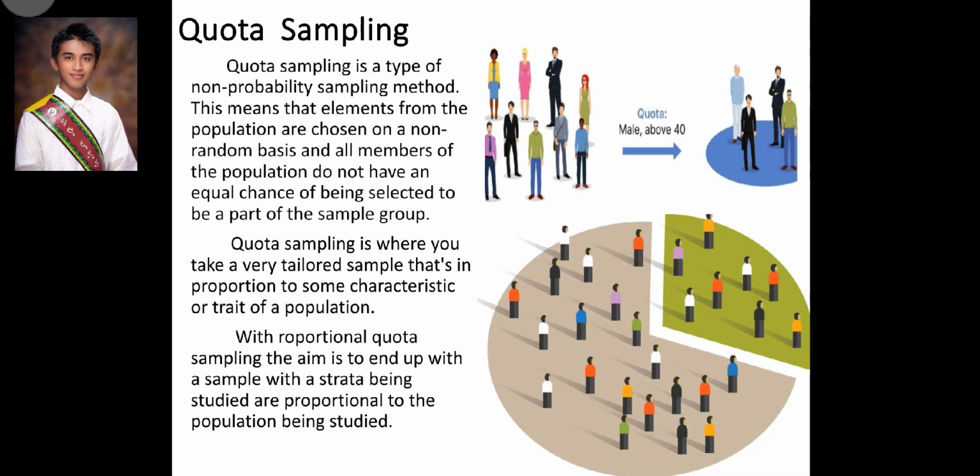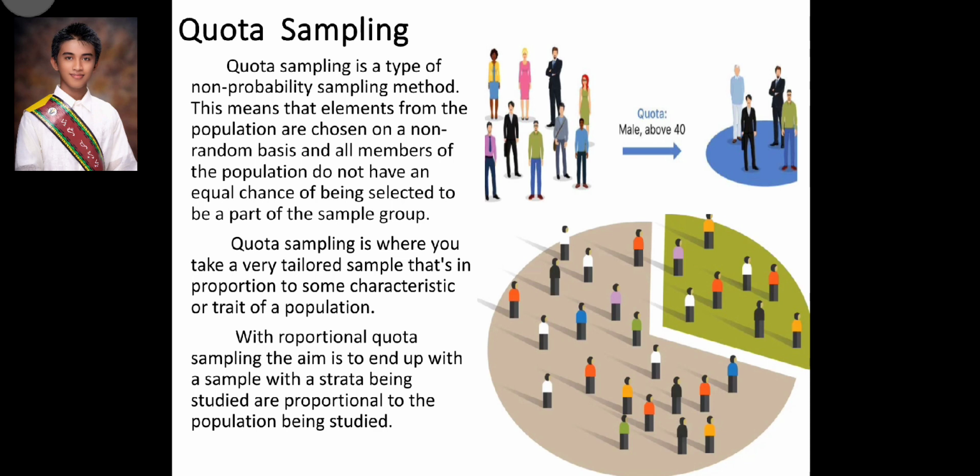Because sa quota sampling method, for example, ang our study is all about specific persons ang ma-involve. Halimbawa, may study nga about lang sa mga lalaki or sa babae lang. So, gamitin niyo mo ang quota sampling method. Sa population, i-choose lang niyo mo ang kung saan mong specific na sample.